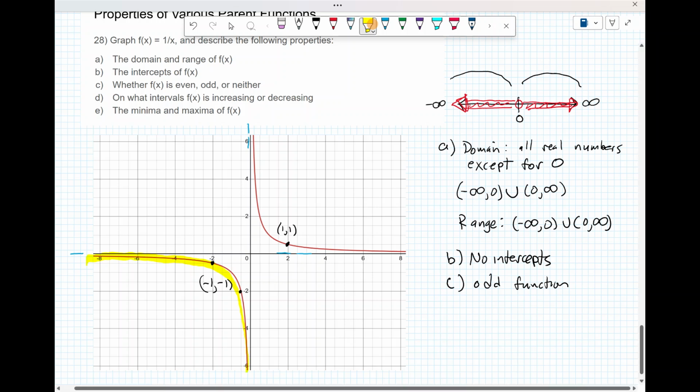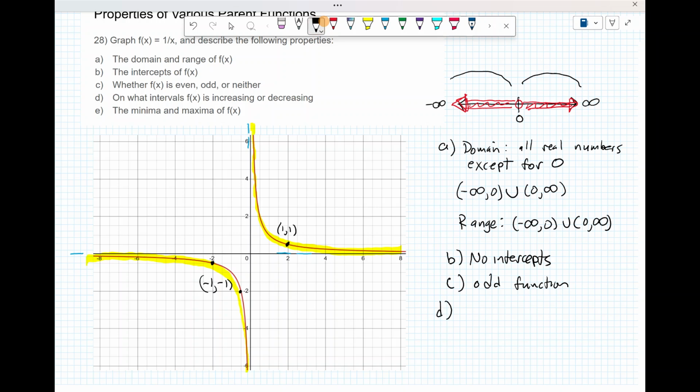And then if I go left to right starting at the second part of this, again, I'm getting smaller and smaller as I go left to right. So on both parts of this graph, as the x value increases, my y value is always decreasing.